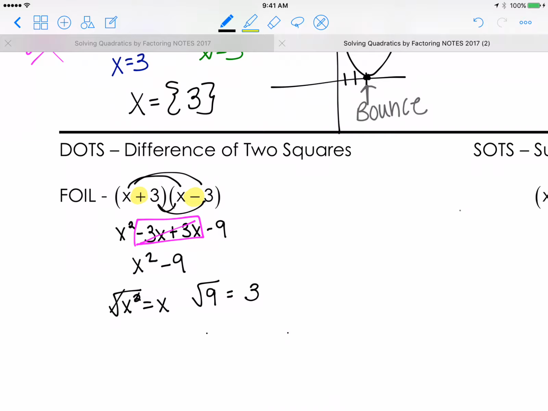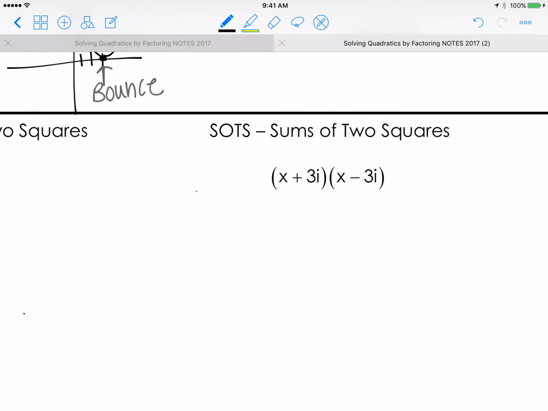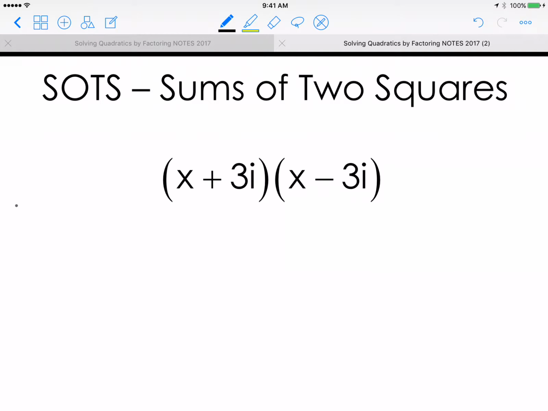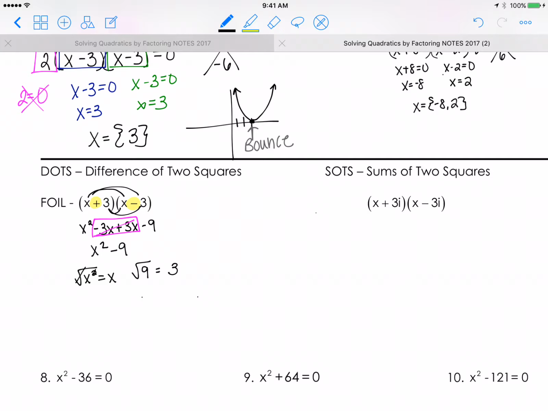So that's what difference of two squares gives us. So let's talk about if it was SOTS. Notice it is the exact same thing, x plus 3, but it's got an i in there, an imaginary number, times x minus 3i.